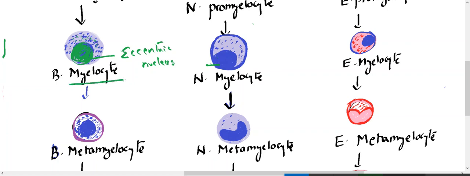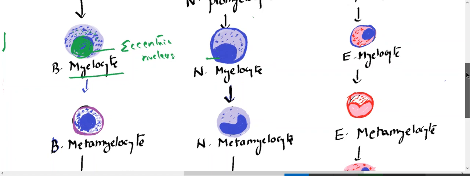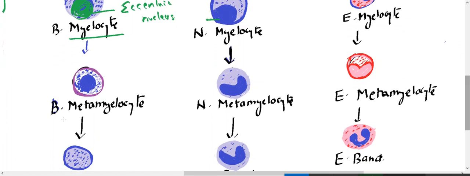So that's a myelocyte. If the morphology says it is a metamyelocyte, there should have been an indentation here like this, but in basophils it is difficult to see the nuclear morphology. I will write it here. In basophils, it is difficult to see the nuclear morphology.